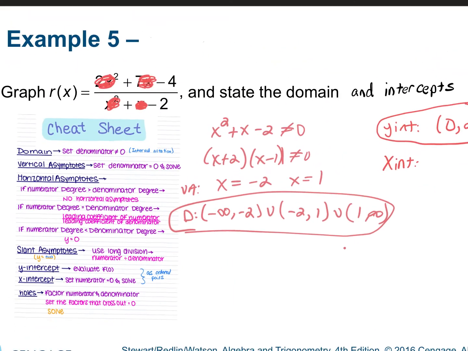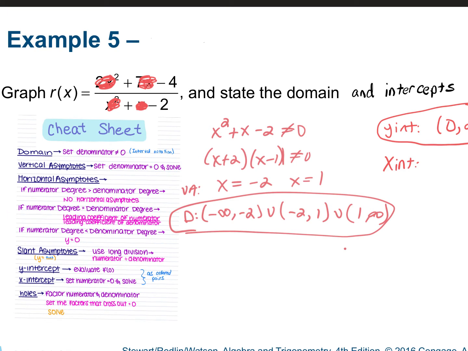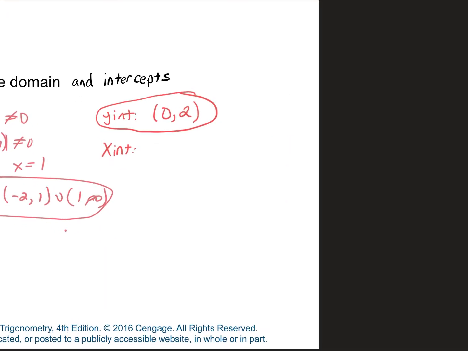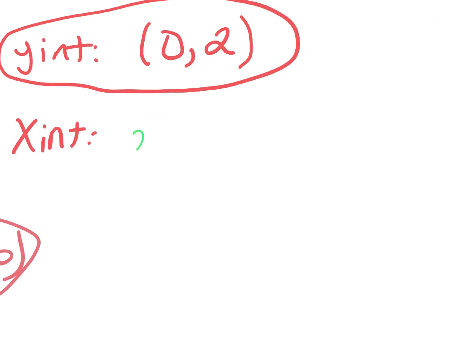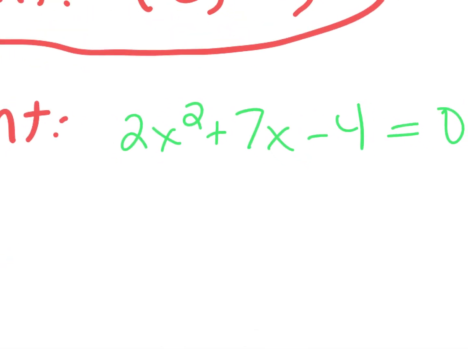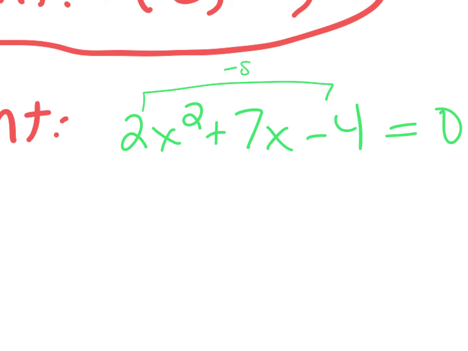Which one's the numerator? The one on top. So it's 2x squared plus 7x minus 4 equals 0. Is this problem so hard? No. 2 times negative 4 is negative 8.